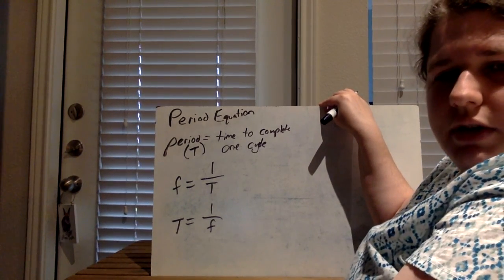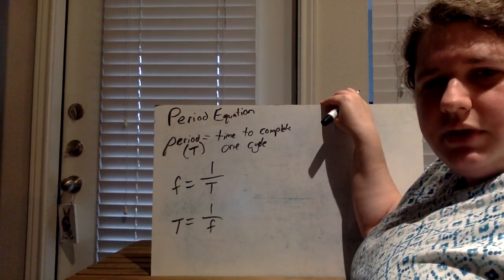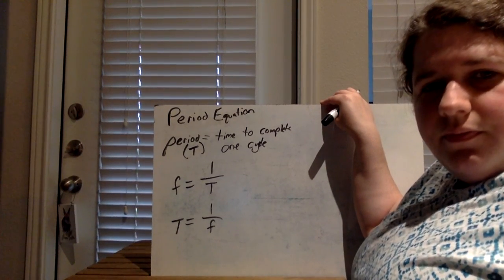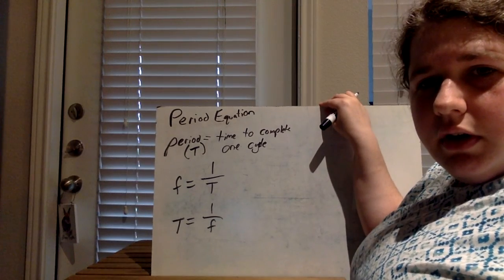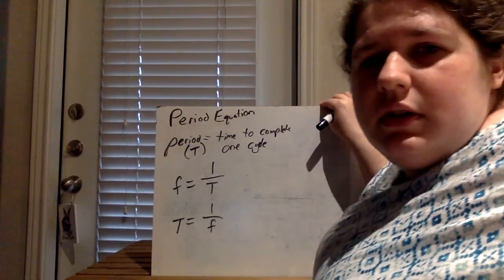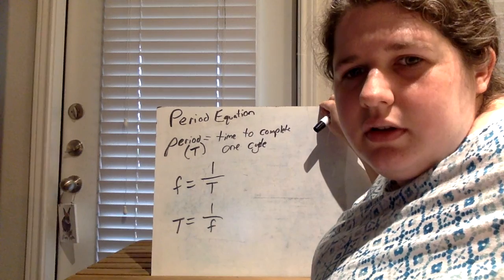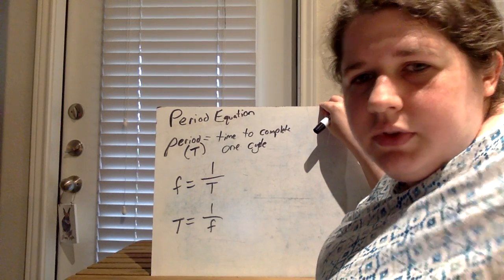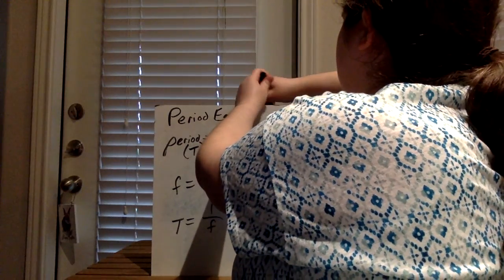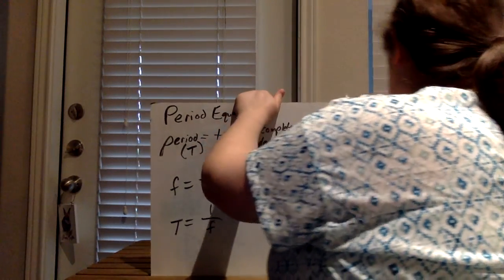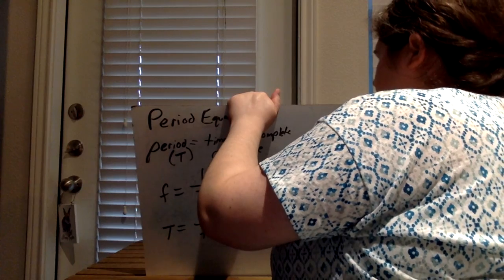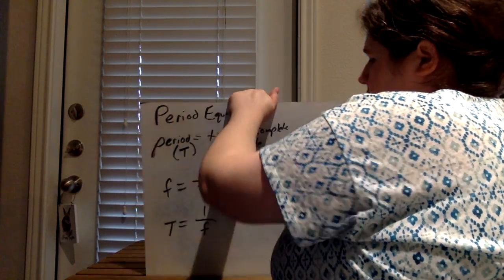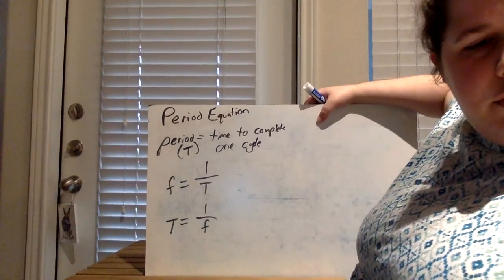So let's take a look at some problems related to period. Let's see, I'm trying to find some good ones. Okay, so right now I am on the period worksheet on Google Classroom.